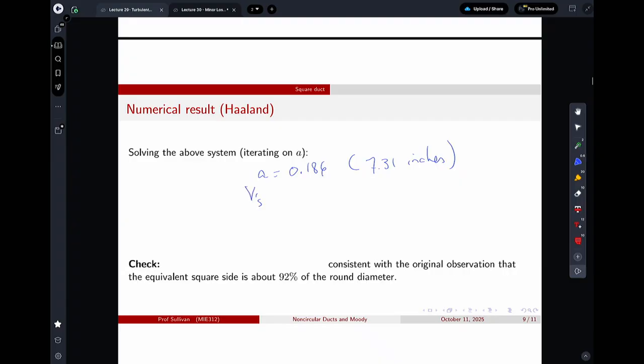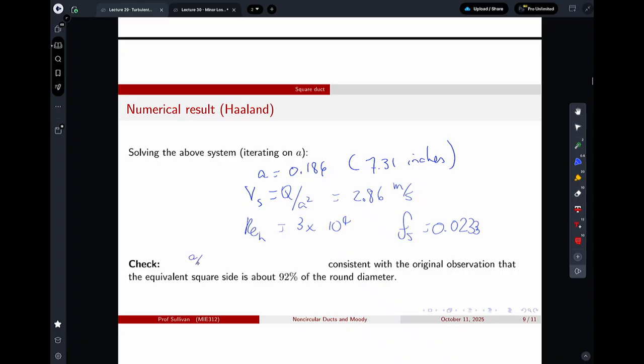So velocity in the square duct is going to be Q divided by A squared, 2.86 meters per second. Reynolds number based on hydraulic diameter, 3 times 10 to the 4th. And the friction factor is 0.0233.